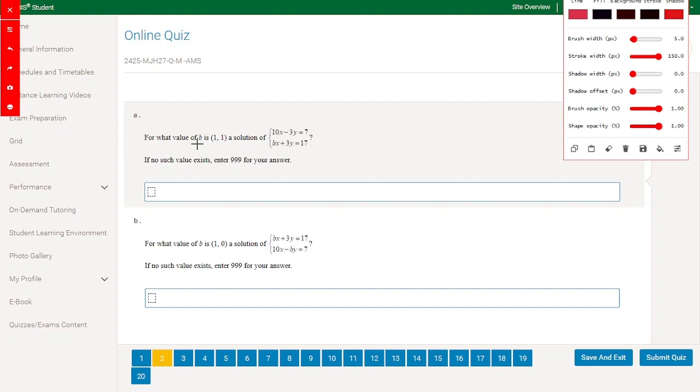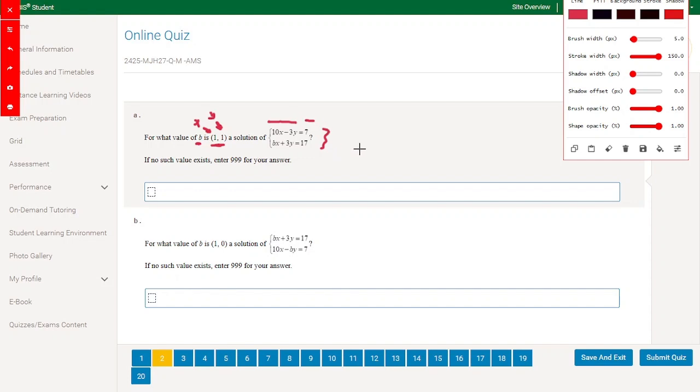For what value of b is 1 and 1, where 1 is x and 1 is y, a solution of this set of equations? That means when I substitute 1 and 1 in these two equations, it will validate and be a solution.